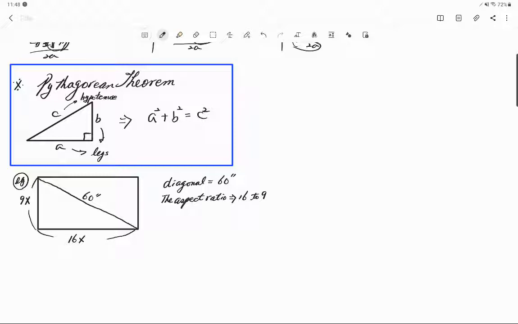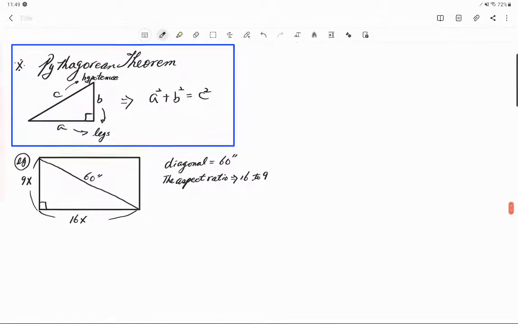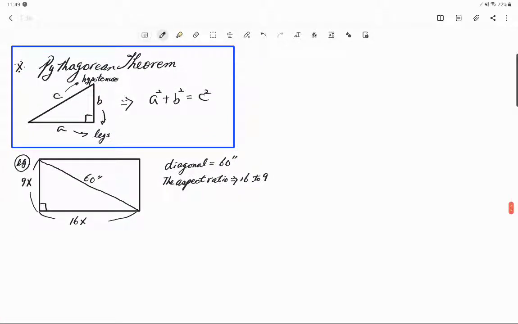And the diagonal has to be 60 inches. Since this is a rectangle with 90 degrees, there are two legs, 9x and 16x, and the hypotenuse is 60. Using the Pythagorean theorem, we can write 9x squared plus 16x squared, the sum of the squares of the two legs, is equal to the square of the diagonal, the hypotenuse.